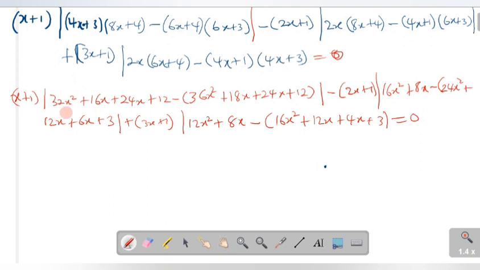So next, we have to add this together. So I'm going to have x plus 1 into, so let's collect the like terms and add them together.